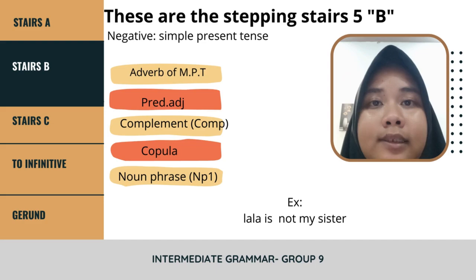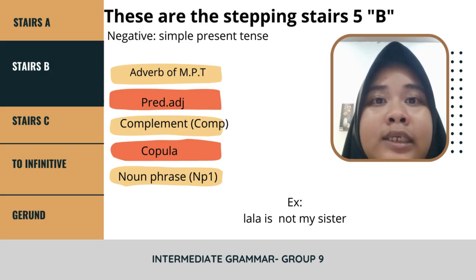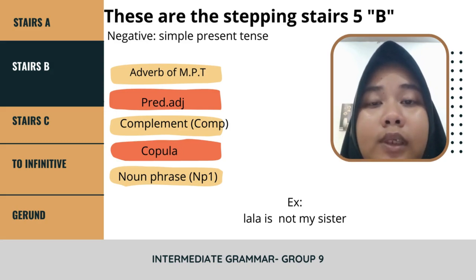Next is stepping the 5 stairs B, simple present tense with negative sentence. For the example is Lala is not my sister. Lala as a noun phrase or NP1, is not as a copula, and my sister as a complement.